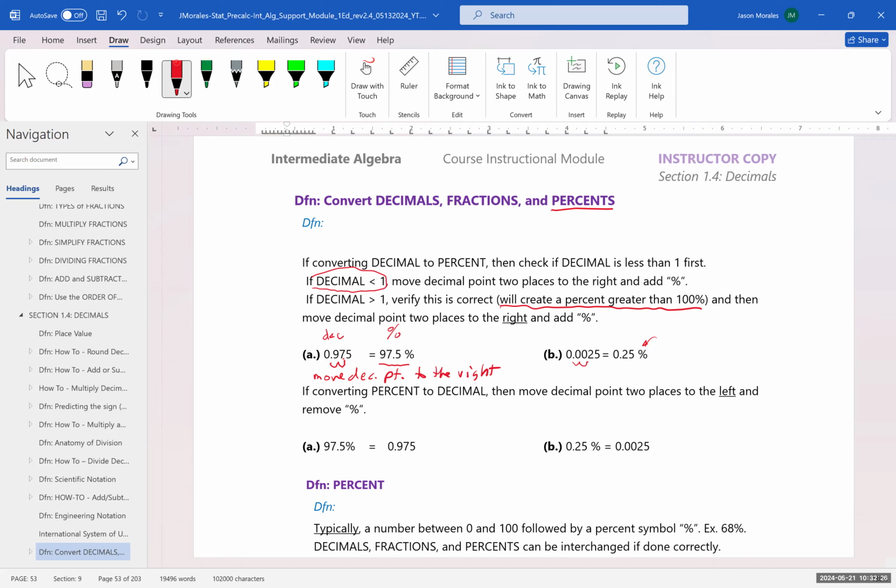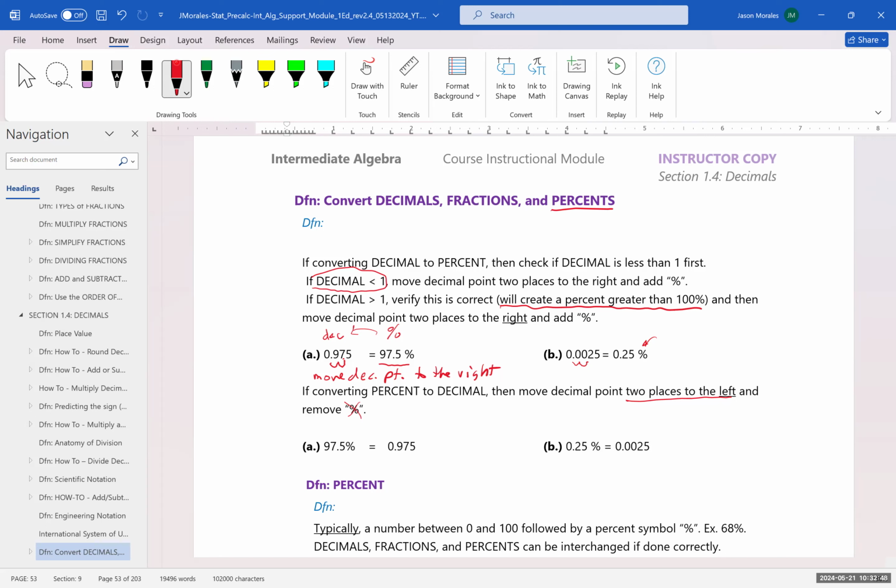Now, if you're converting percent to decimal, so you're going the other way around, then you move the decimal point 2 places to the left instead, and you remove the percent symbol. So here we're starting with 97.5%. We need to turn that into a fractional decimal.